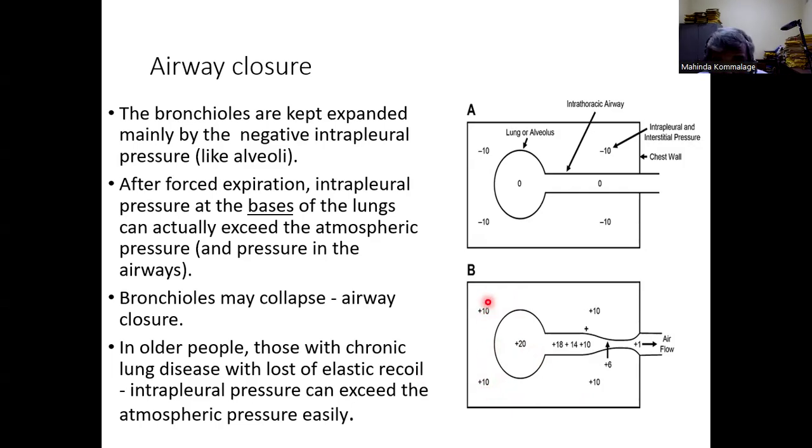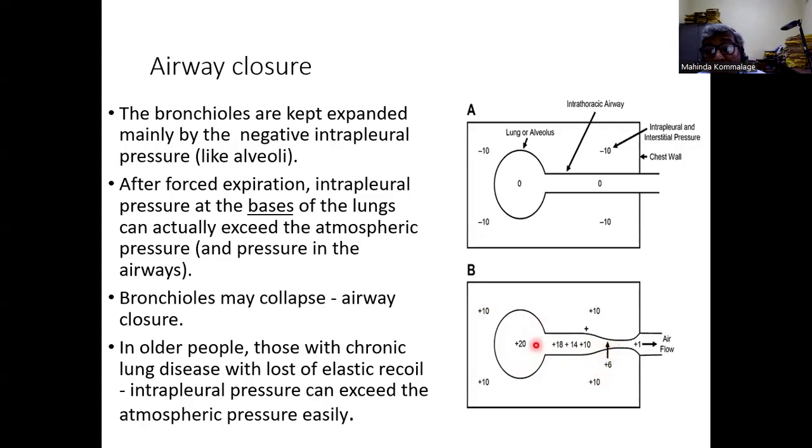If the interpleural pressure increases above atmospheric pressure, in some individuals, especially elderly, this high pressure can be above the alveolar pressure or airway pressure, and the airway might compress or collapse, right? Probably not alveolar collapse, that is not a problem, but if the airway collapses, air will be trapped in the alveoli.